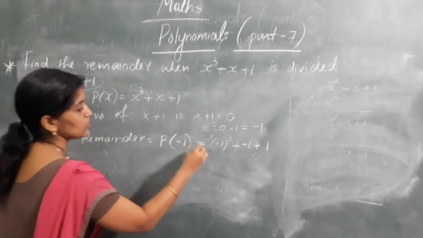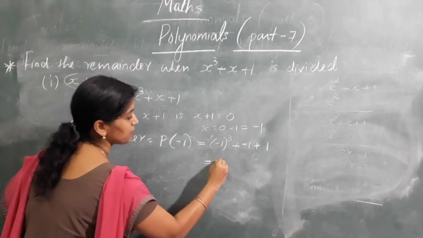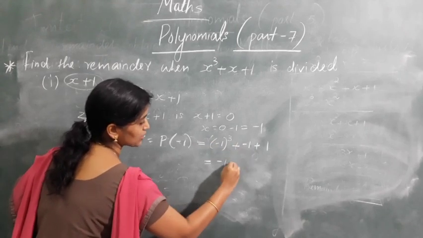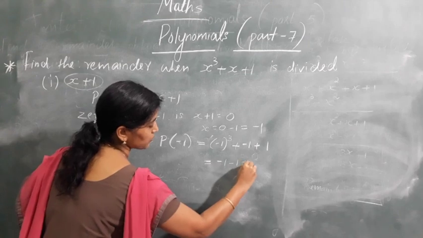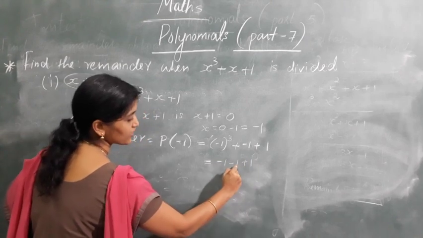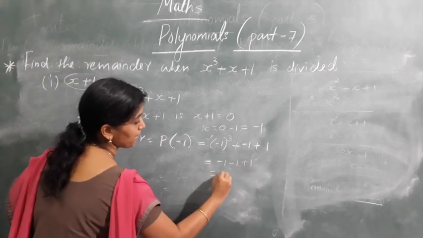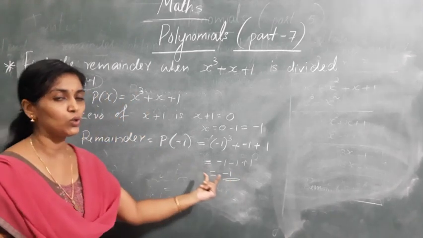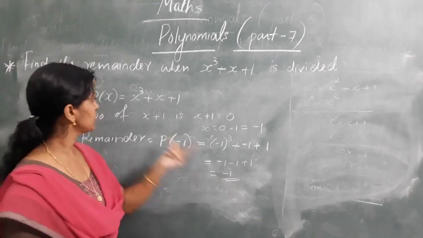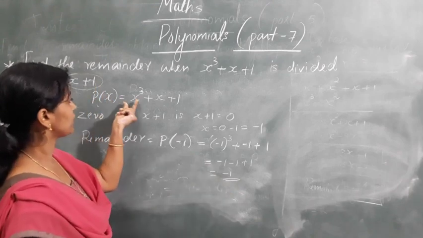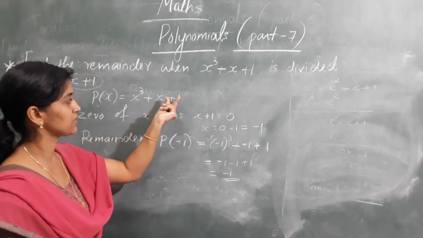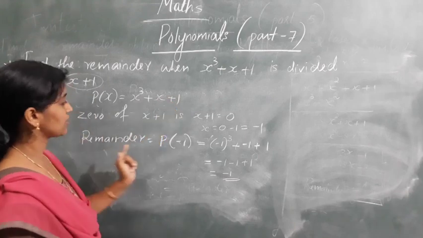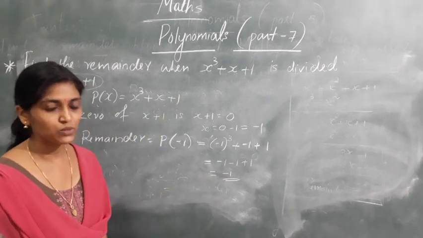Minus 1 cubed is minus 1, plus minus 1 gives minus 2, plus 1, which is minus 1. So the remainder is equal to minus 1. That is, when we divide p of x equal to x cubed plus x plus 1, we get the remainder minus 1.